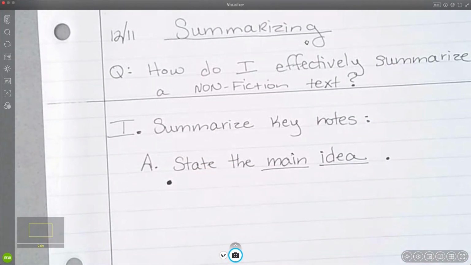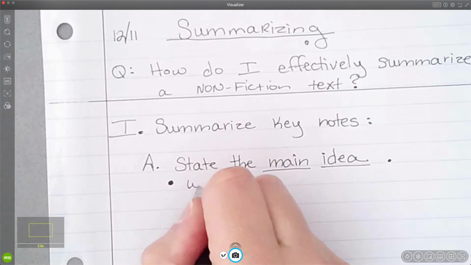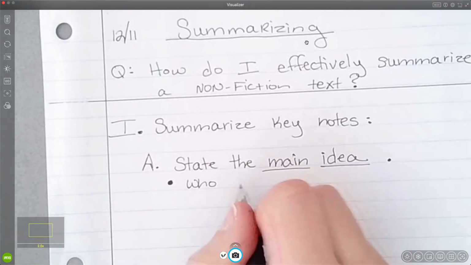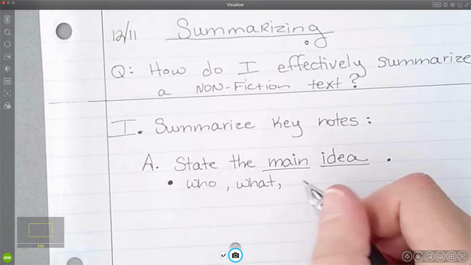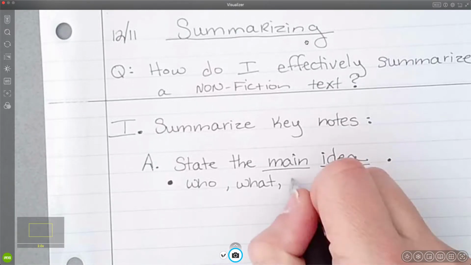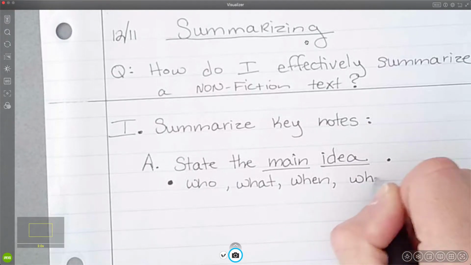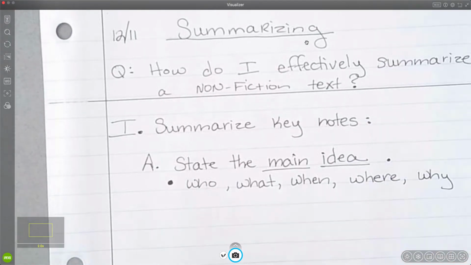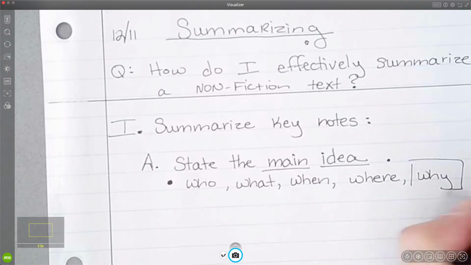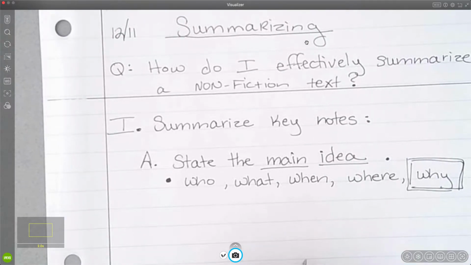One of the things that you want to do is think about the 5 W's. Who was involved? What did that person or group of people do? When did it happen? Where did it happen? And why was it important? This is very important when you are summarizing. The why was it important is a key part of your main idea.